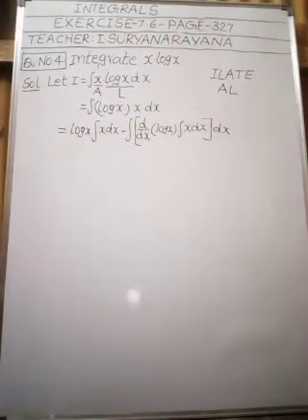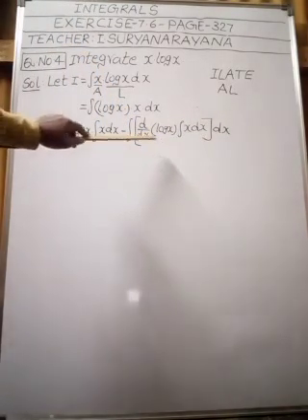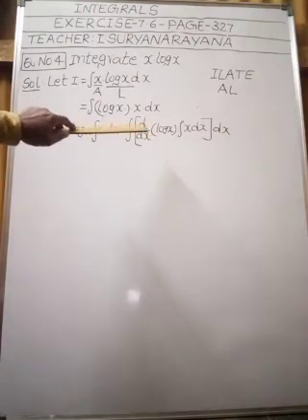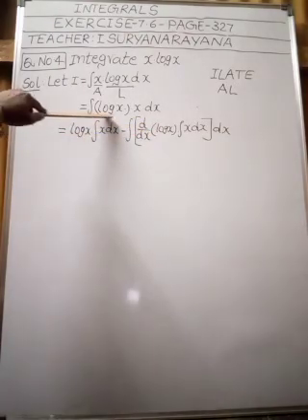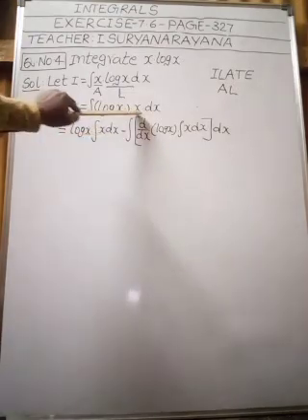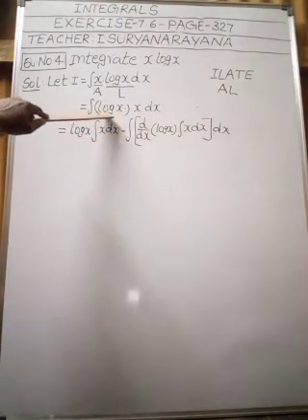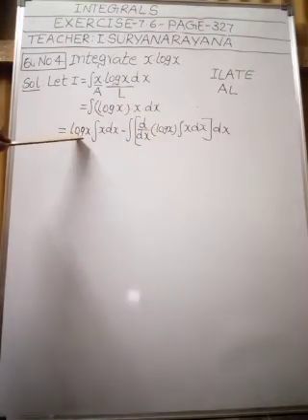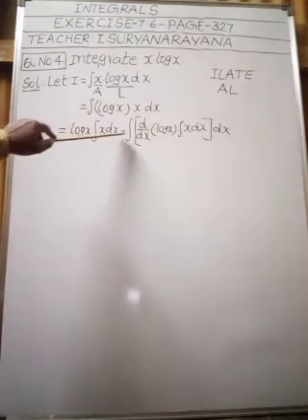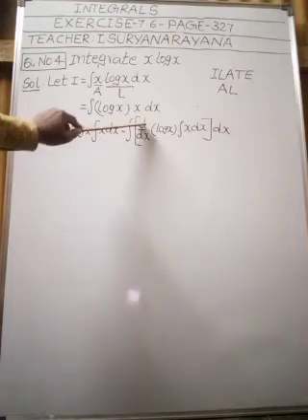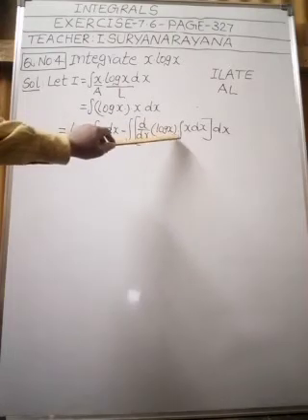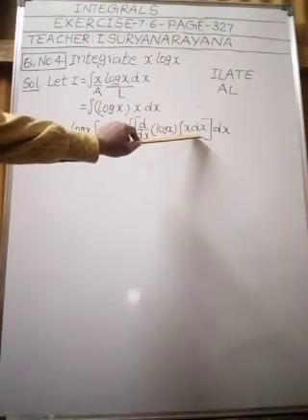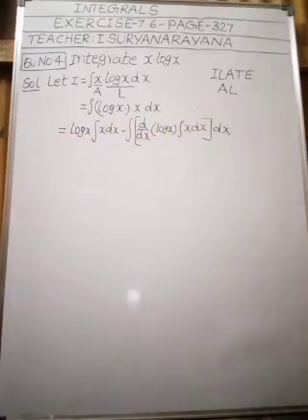According to the statement of integration by parts method, we assume here first function is log x and second function is x. So first function into integral of second function minus integral of d by dx of first function into integral of second function dx. Okay, my children?